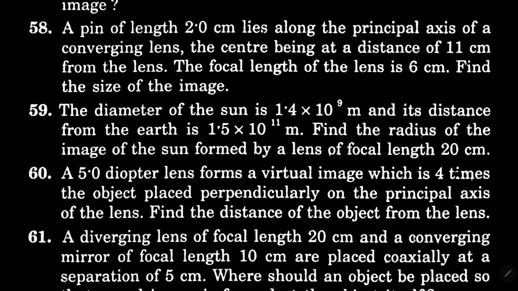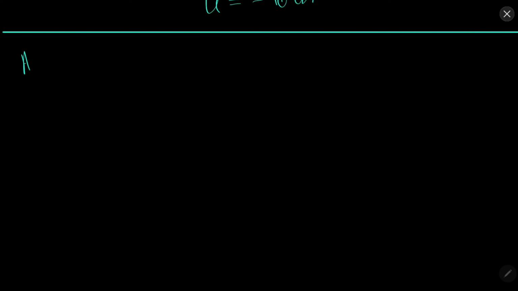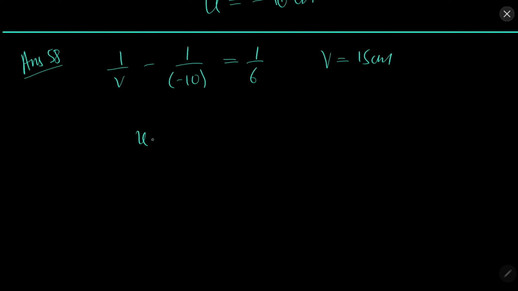In question 58, a pin of length 2 centimeter lies along principal axis. The focal length is given. Find the size of image. So this is solution 58. So the situation is 1 by v minus 1 by 10 equal to 1 by 6, v will be 15 centimeter.